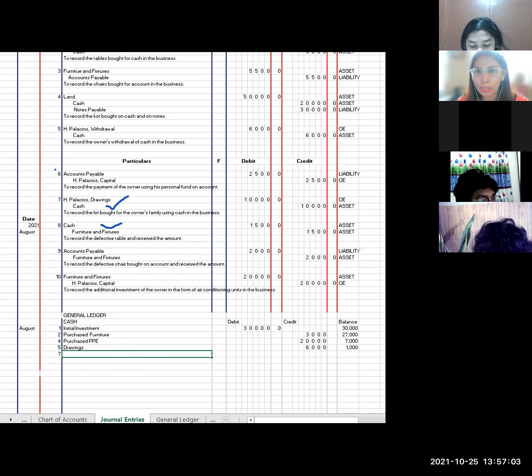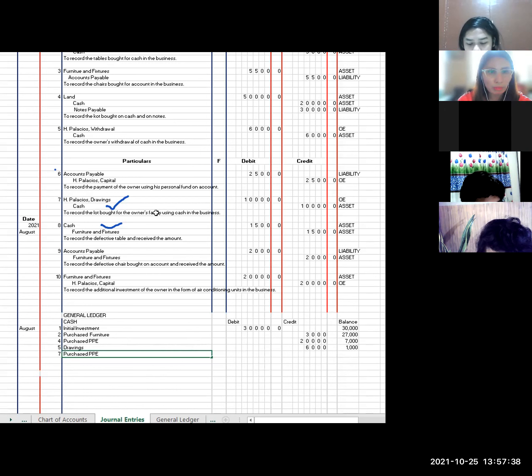So, for August 7, we have the entry for using cash. Purchase din tayo. Purchase PPE. PPE stands for property, plant, and equipment.